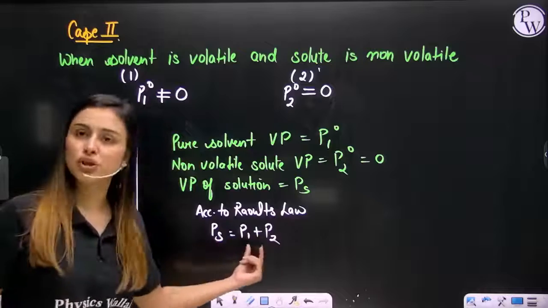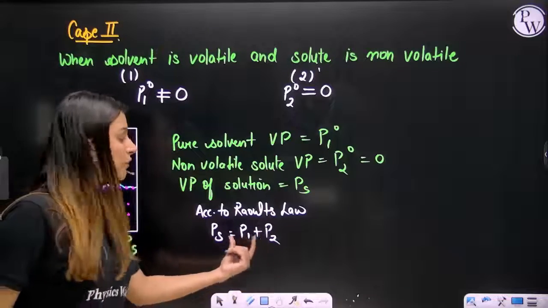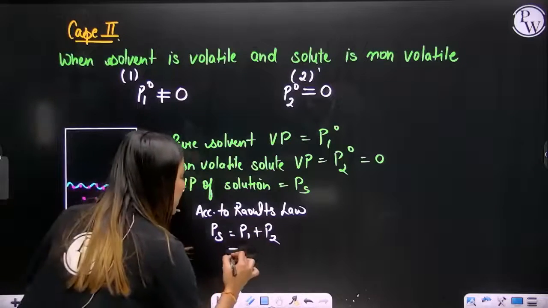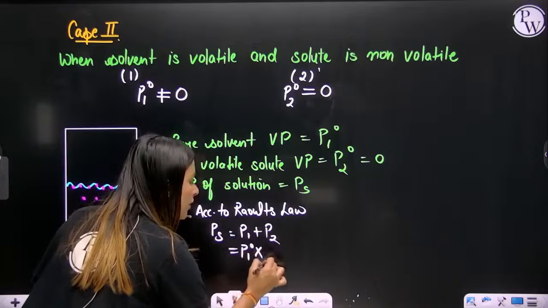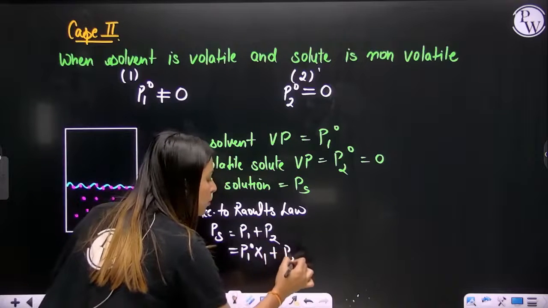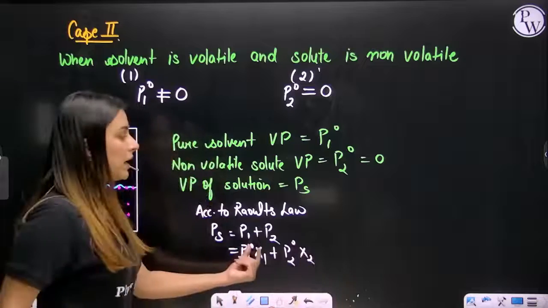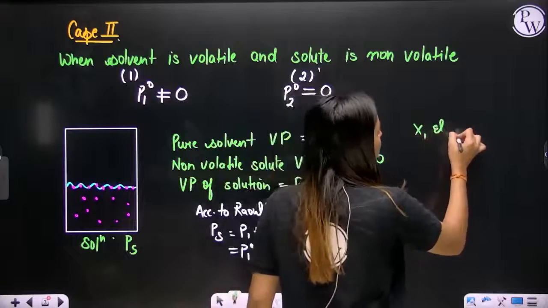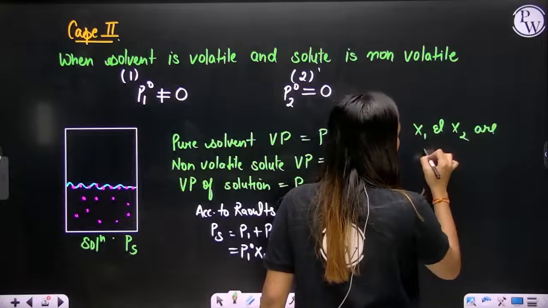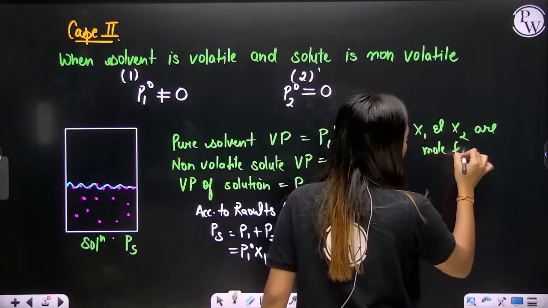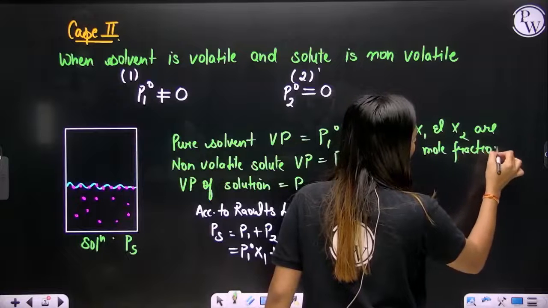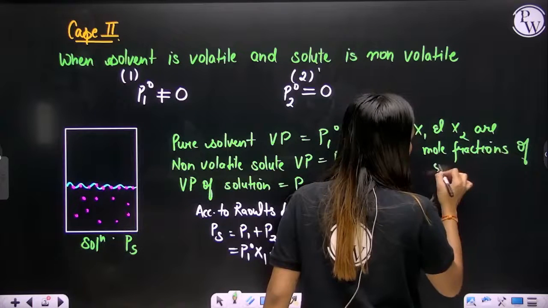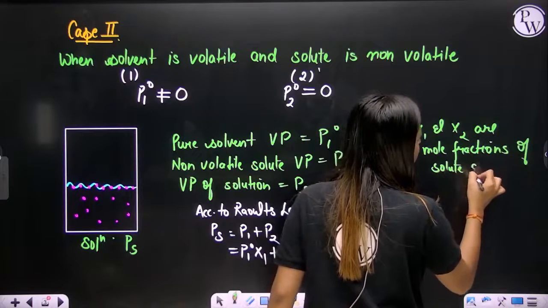These are the partial vapor pressures, right? Yes. Now, if we expand these partial pressures, we can write the formula as P1 naught times the mole fraction X1 plus P2 naught times the mole fraction X2 of your solute. Here, my dear students, X1 and X2 are the mole fractions of solvent and solute.